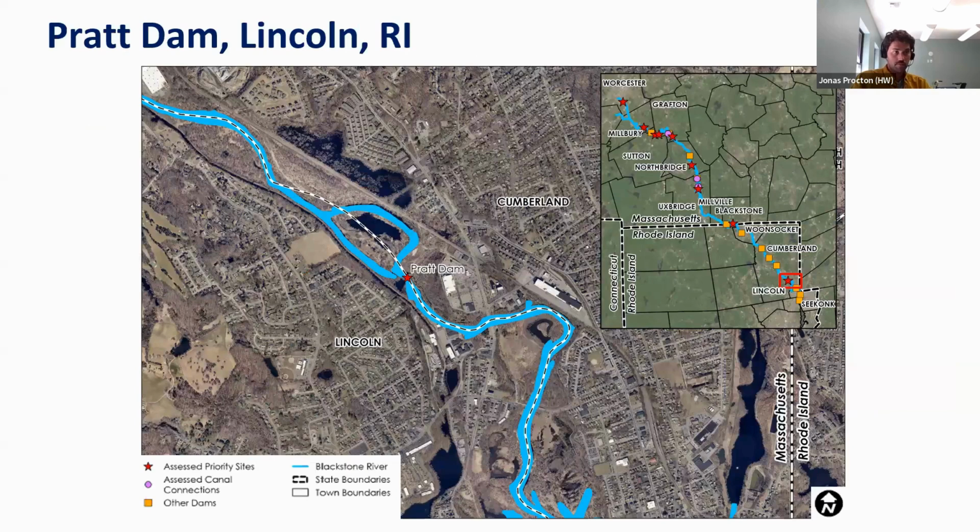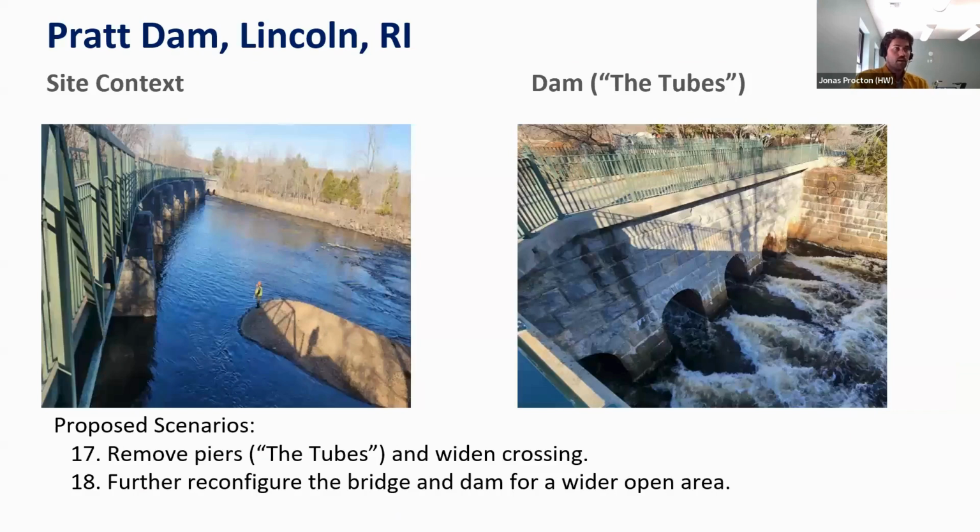And then farther downstream, this is actually our only dam we're looking at in this study for Rhode Island. This is the Pratt Dam in Lincoln. Here are some helpful photos. Folks might be familiar with the tubes, which are a really dangerous location for any recreational paddlers, especially during really high flows.